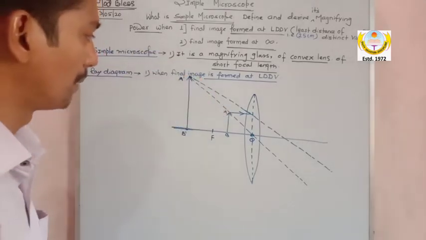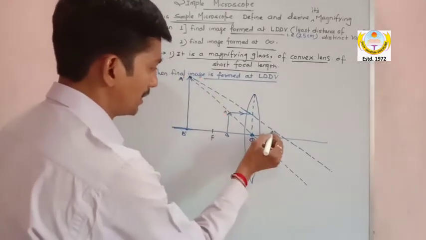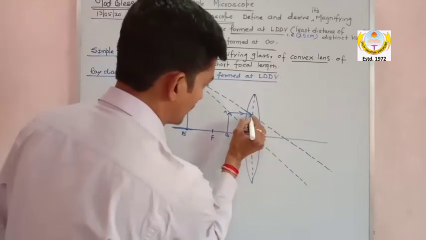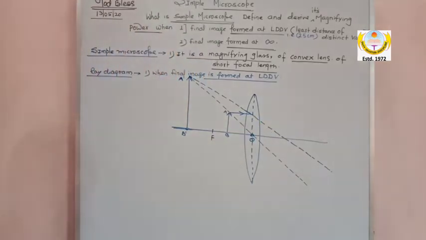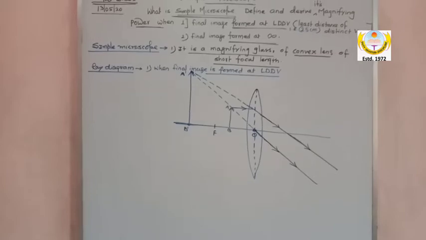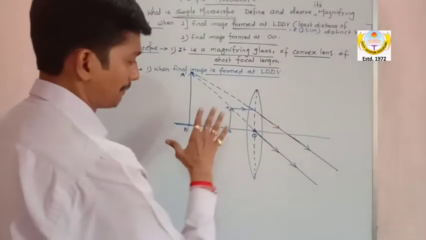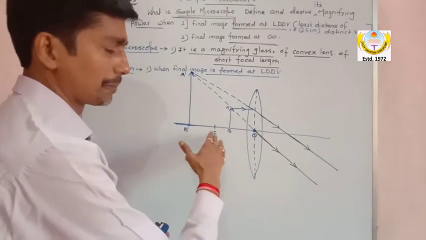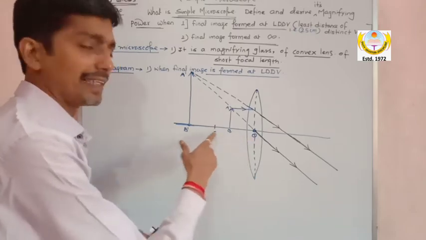Look at the way of forming the image. One ray will go like this, and now I can draw the joint line here. In this diagram, as I have drawn, the object is placed between the optical center and focus.